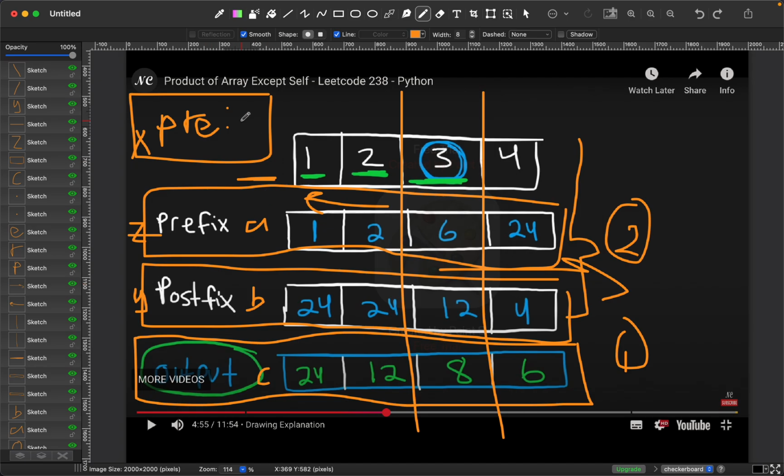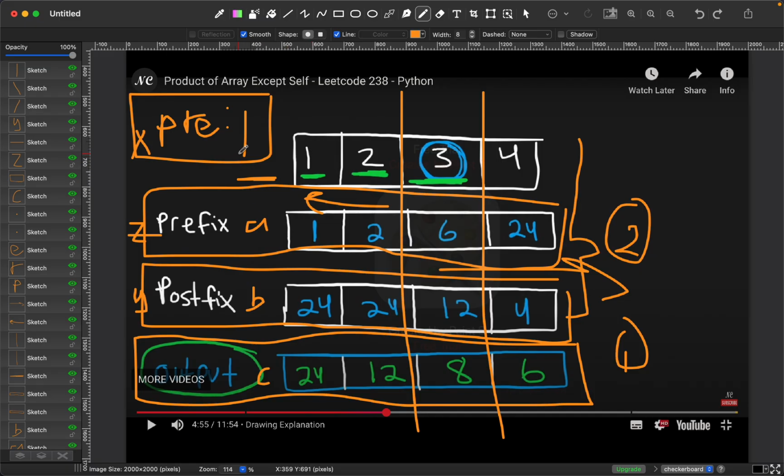So pre for this, I think there's an imaginary one. So you go through Z first, right? Imaginary 1 multiplied by 1, we get 1, right? The thing about this is that you do need to be very aware of where the pre is occupying the space.